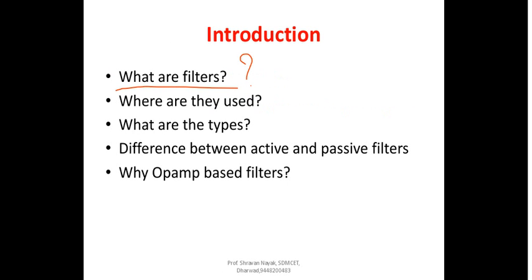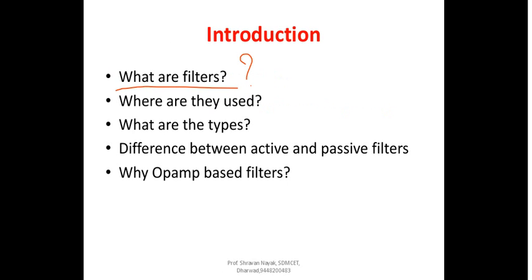But definitely the applications are not limited to only communication circuits. It can be used in many electronic circuitries, right? Over the period of time, we will see where exactly these filter circuits are used. I have already told you where they are used also: in the communication circuits, even in the instrumentation applications, even in the biomedical applications.